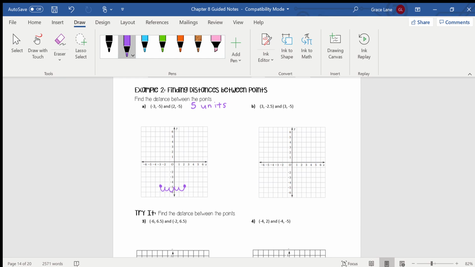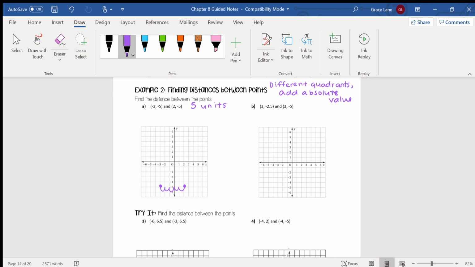The way that your book will tell you to do this, I would make a note of this off to the side, that if the points that you're measuring are in different quadrants, you are going to add the absolute value.